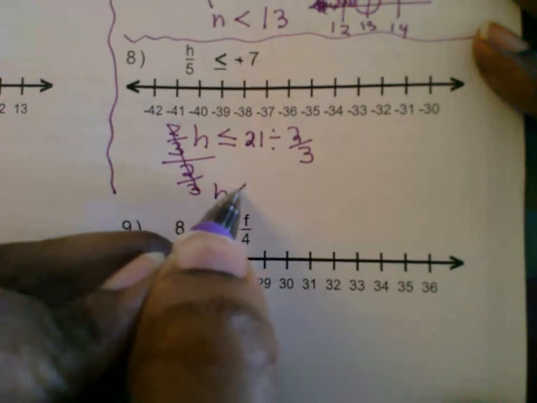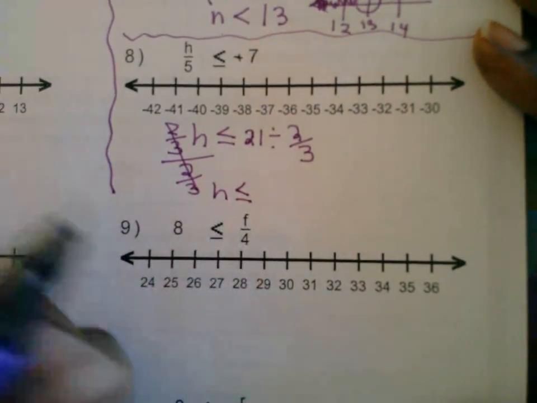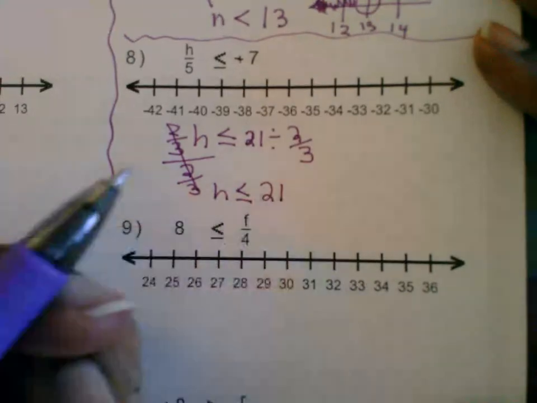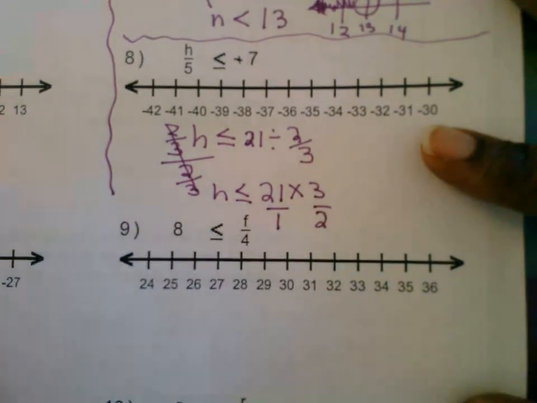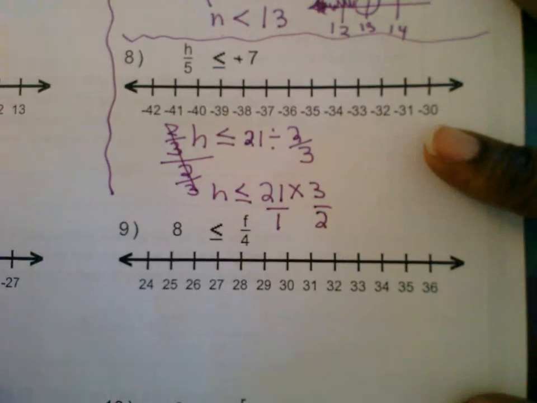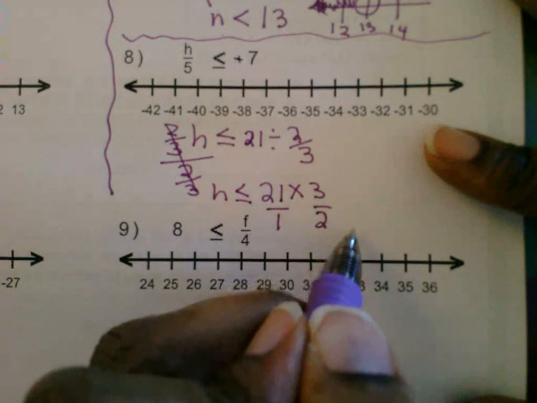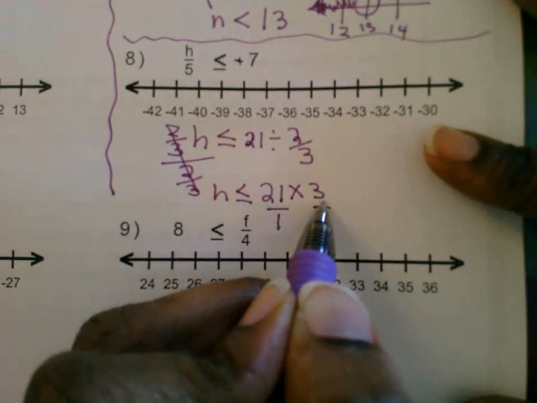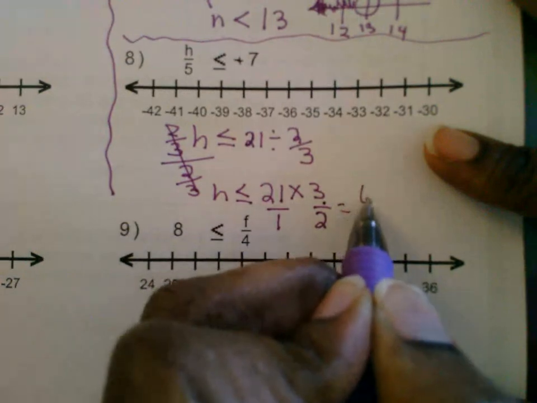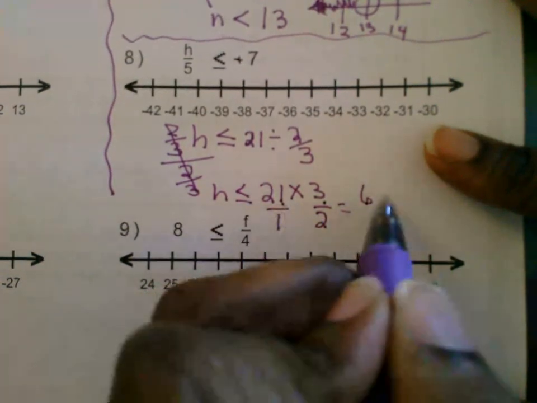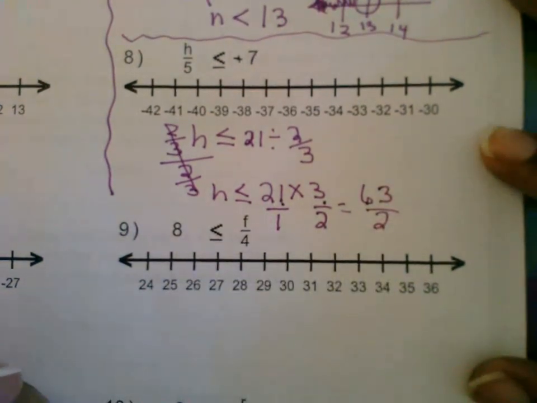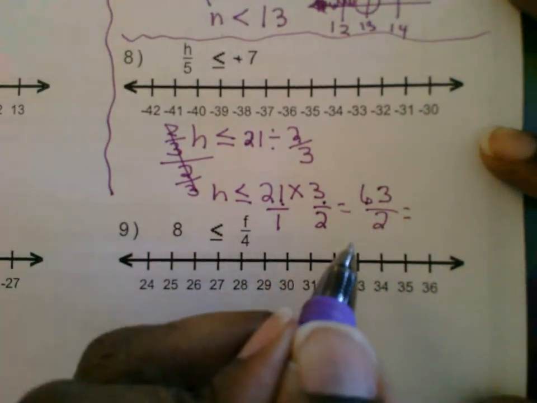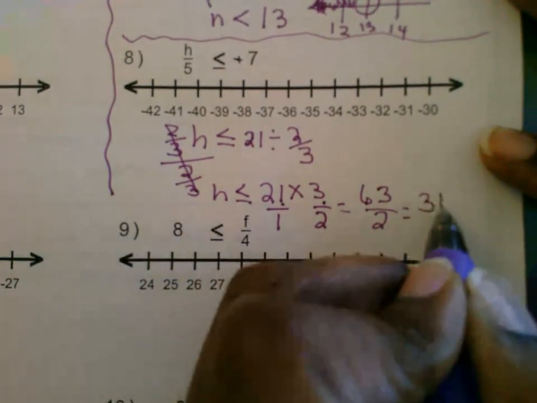So h is going to be less than or equal to 21. Keep, change, flip. 63 over 2 equals 31.5.